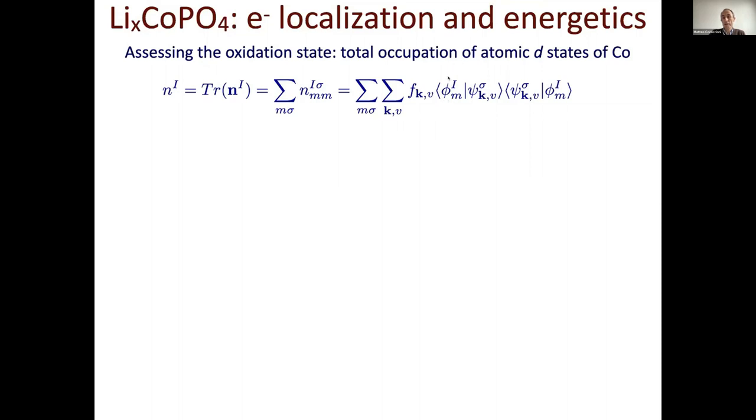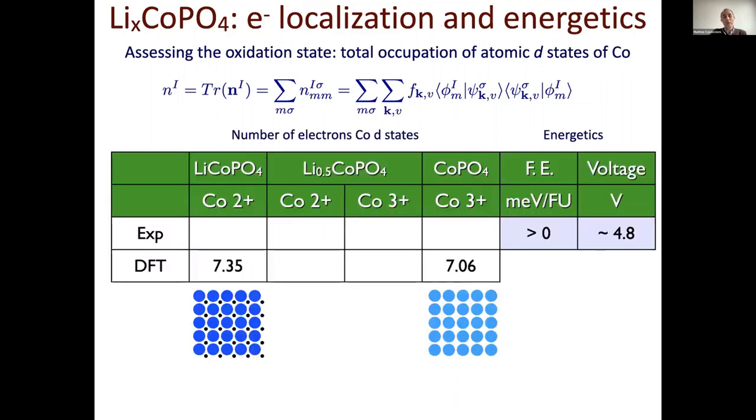So basically these are the atomic d states of cobalt, okay? So we want to compare what we have in terms of these numbers for the fully lithiated one, where cobalt is 2+, and the fully delithiated one, where cobalt is 3+, with anything that we have in between.